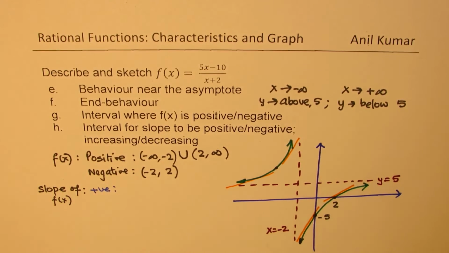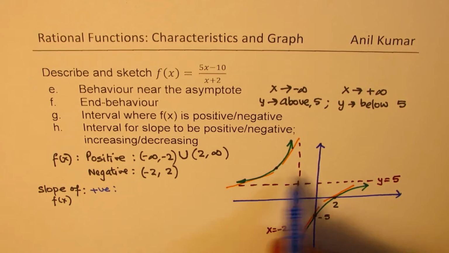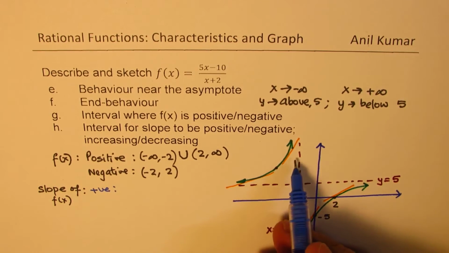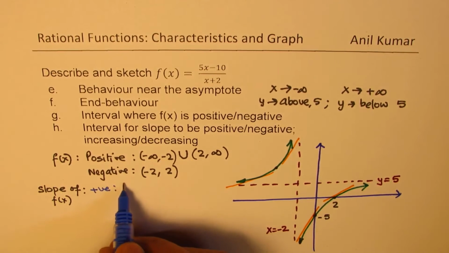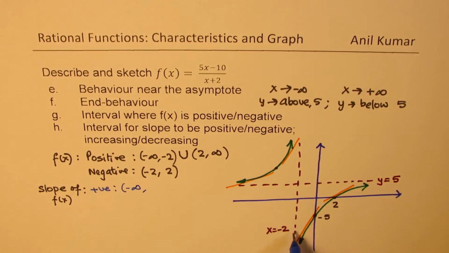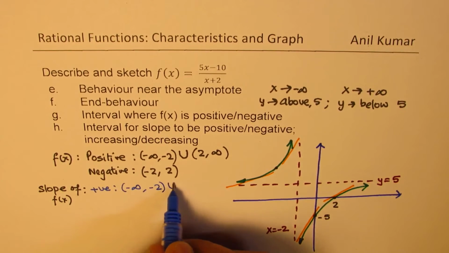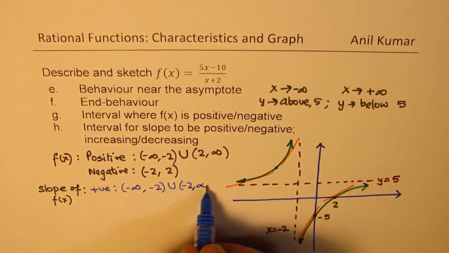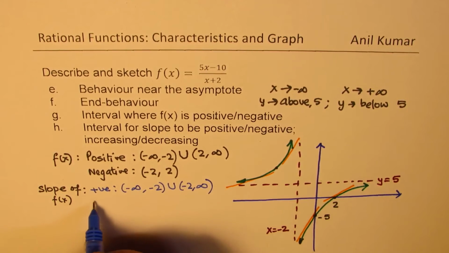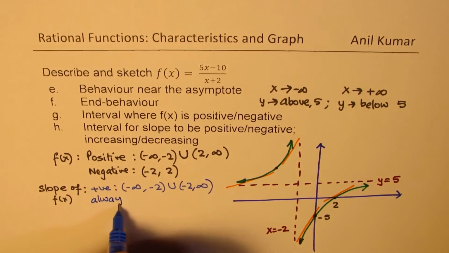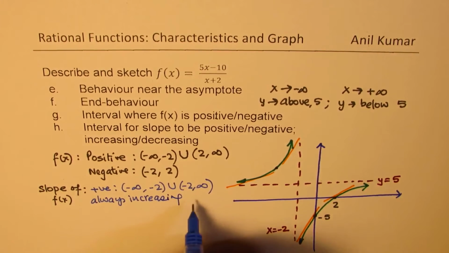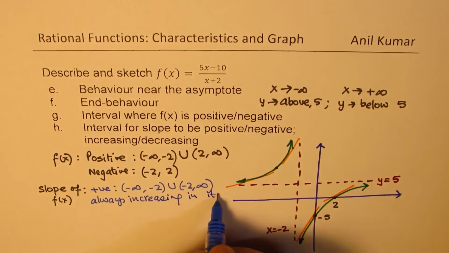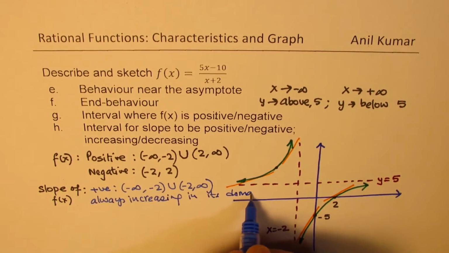So basically, the slope is positive during its interval. That means the function is always increasing in the interval from -infinity to -2, union -2 to infinity. So what we notice is that it is always increasing in its domain. That's important.